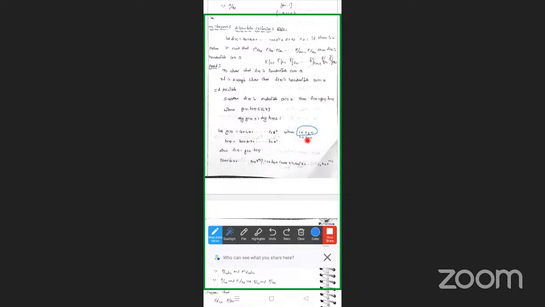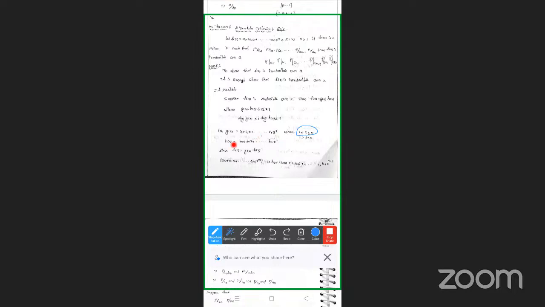Here also the degree of h of x is at least 1. Let h of x be equal to b naught plus b1 x plus up to bs into x power s, where 1 is less than or equal to s less than or equal to n.